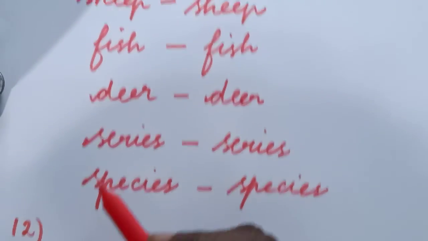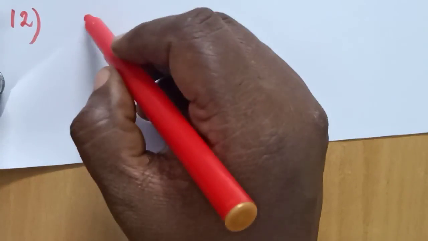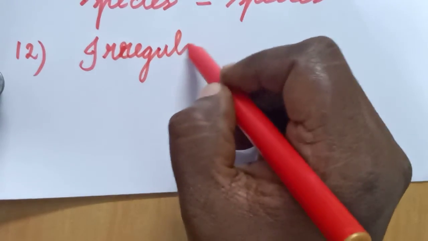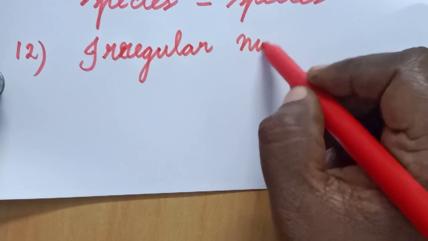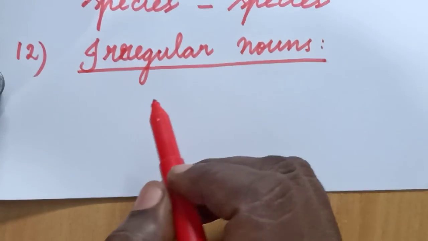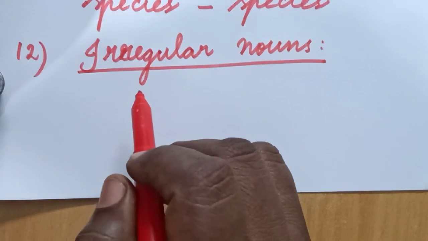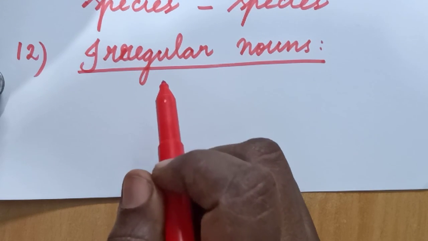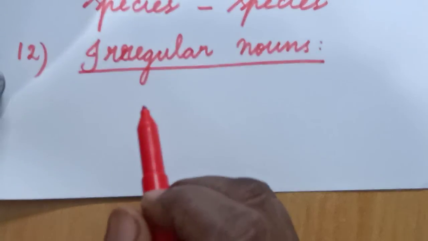And then we have some nouns which are called irregular nouns, which we just discussed at the beginning of the class itself, isn't it? These irregular nouns will not follow any set of rules. They will not follow any specific rules for converting them to plurals. Understood?